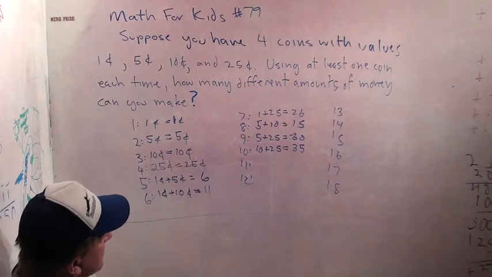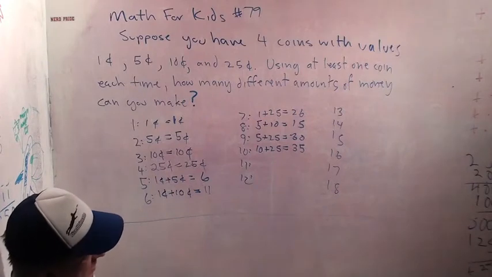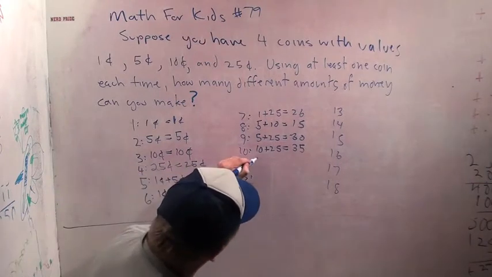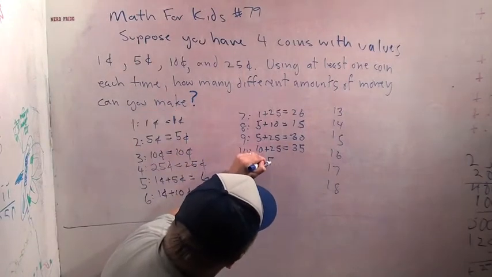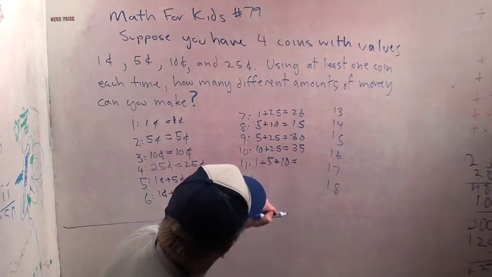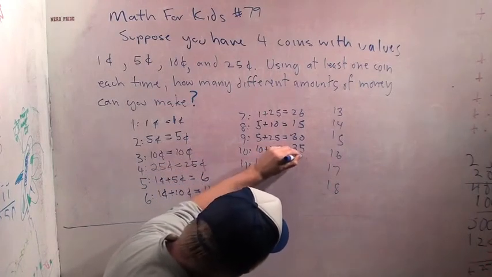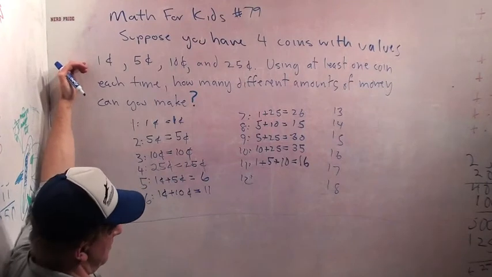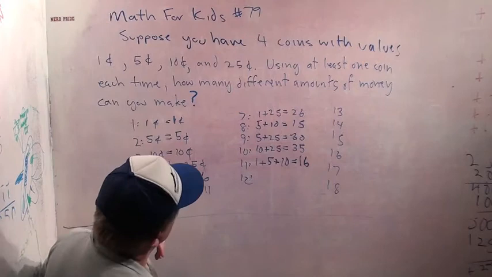Now we're going to do the ones where we use 3 coins. Let's do 1 cent first again. So we're going to do 1 plus 5 plus 10, which is 16. We haven't used 16 before. What do you want to do next? 1 cent plus 10 cents plus 25 cents.